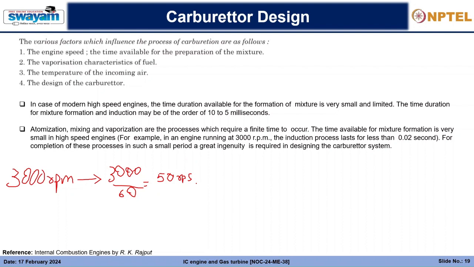Now if we consider a two-stroke engine, in one revolution, how many cycles will be covered? One revolution will be one cycle if we are considering two-stroke. If it is four-stroke, then in two revolutions one cycle will be completed, but if it is two-stroke, then one revolution is one cycle.